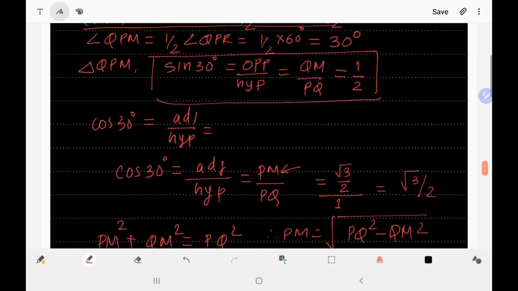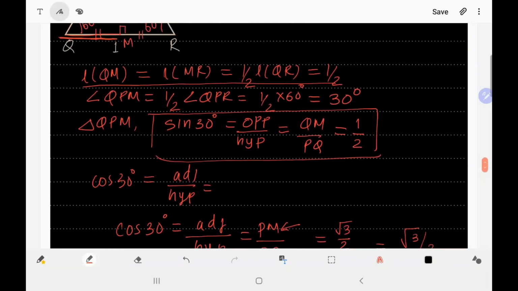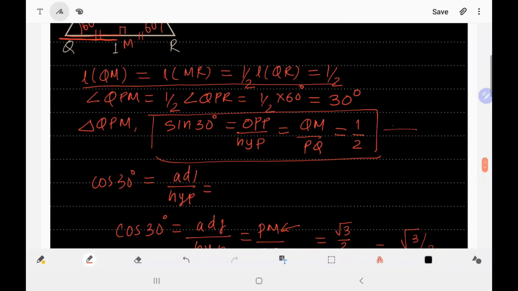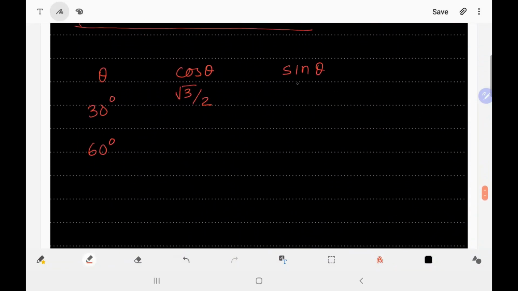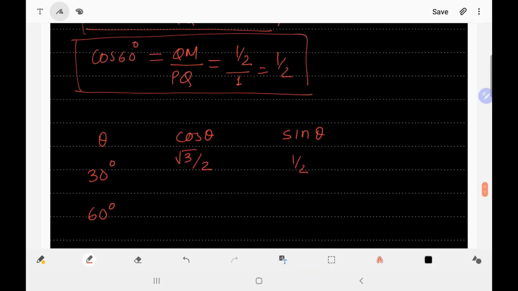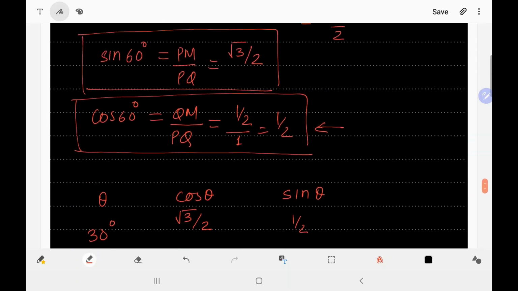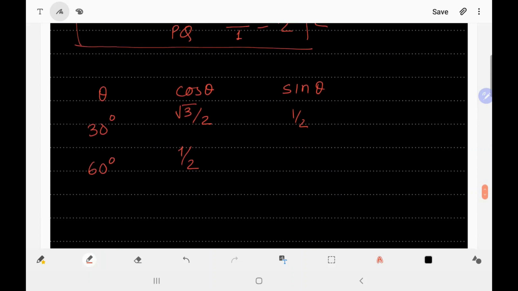Sine 30 we have calculated as half. Cos of 60 we have calculated as half, and sine of 60 we have calculated as root 3 by 2.